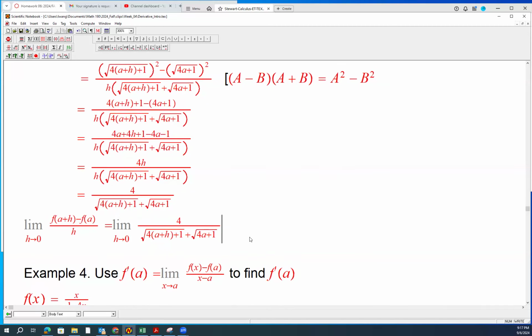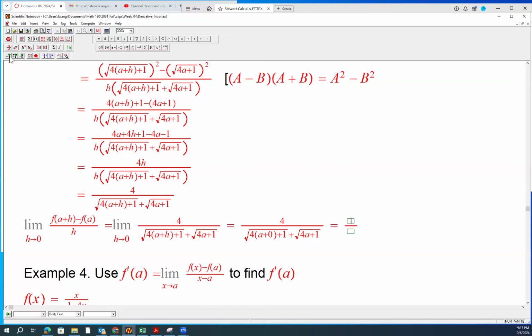Now we can do direct substitution because no worries about a zero denominator, right? So this piece, h is going to be substituted by 0. How about a? Well, a is going to be left. And what do we get?